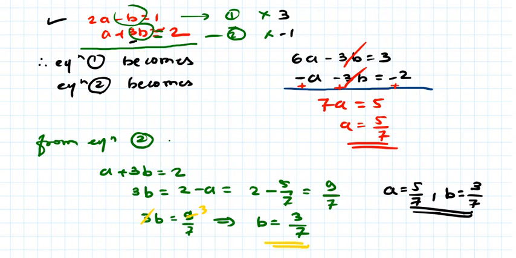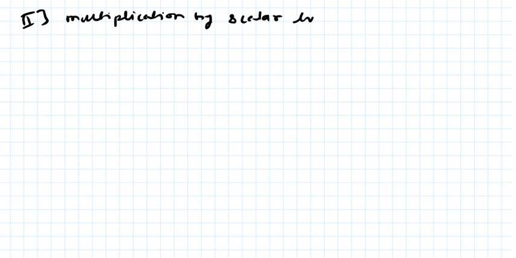Okay, now the second operation on the matrix is multiplication by scalar to matrix. Okay, now scalar means what? Scalar is basically a number which is not equal to 0.